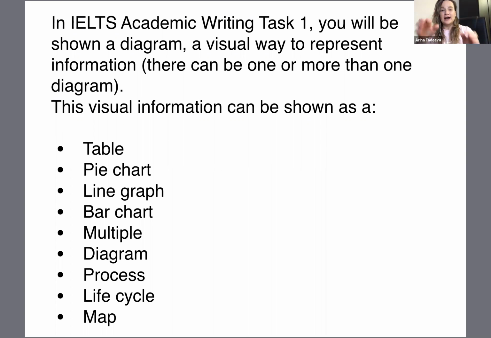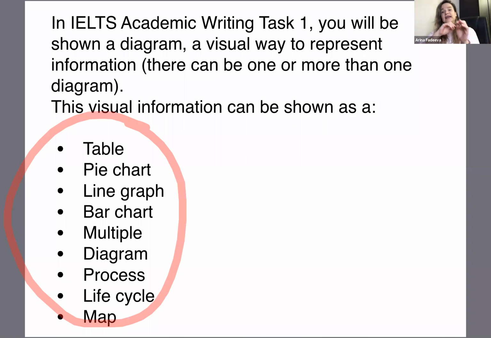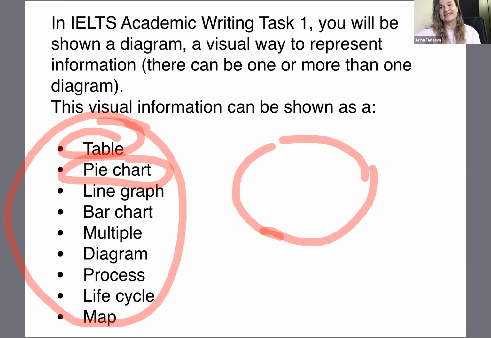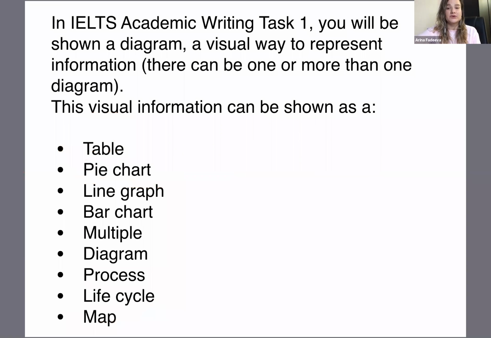Well, actually, there are different types of task 1, and you can get any type at your exam. So it can be a table, it can be a pie chart. A pie chart basically looks like a pie with percentages. It's always 100%, and there are quarters, there are halves, so it's pretty easy to compare.